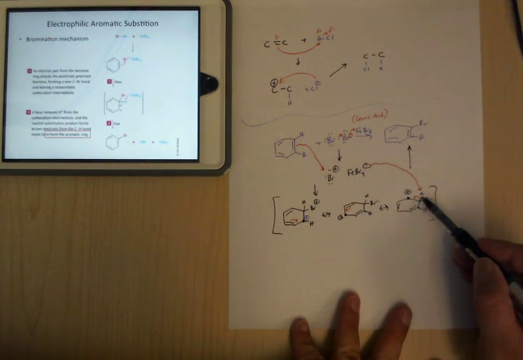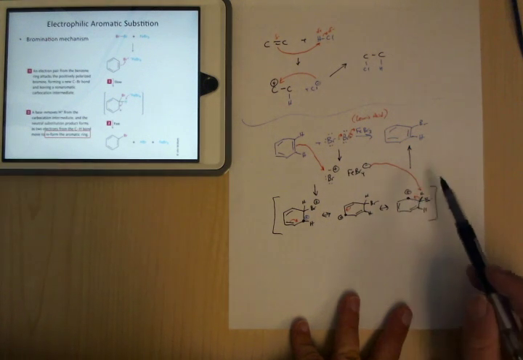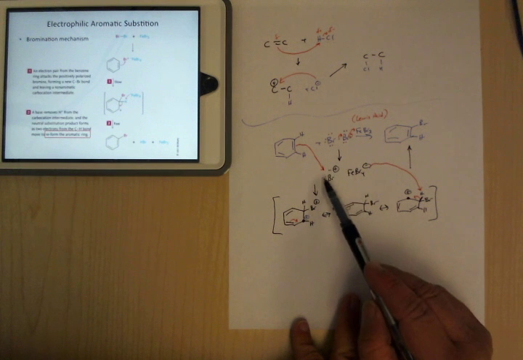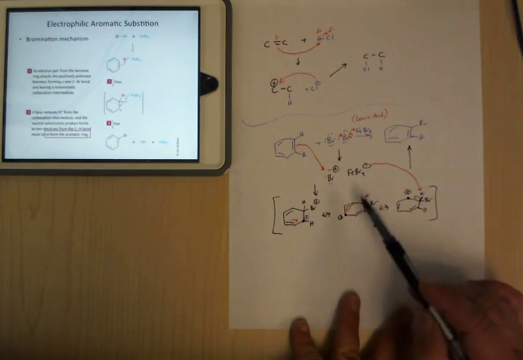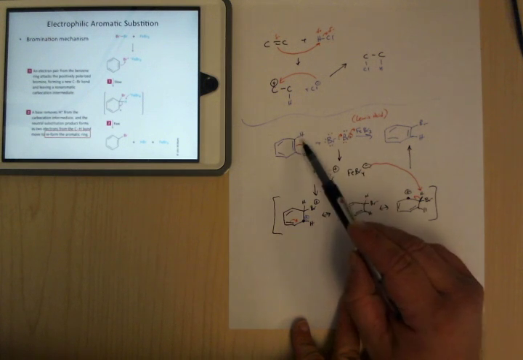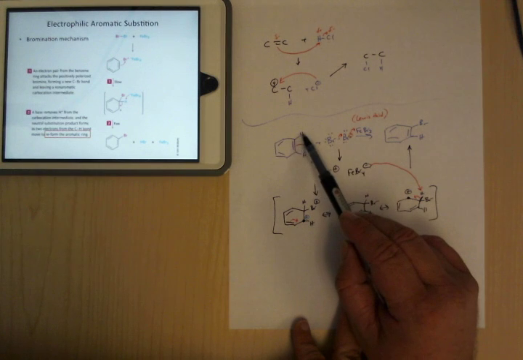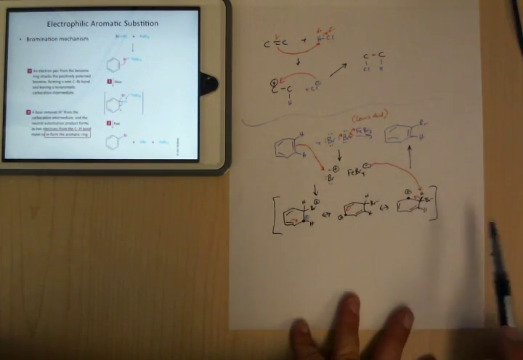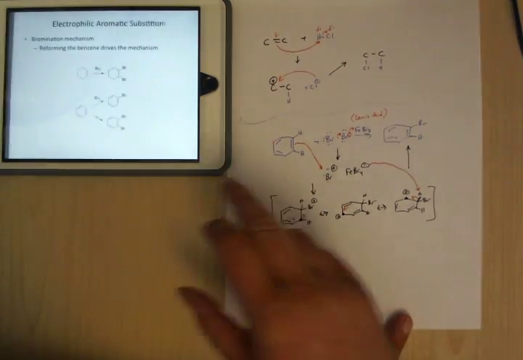These two electrons in this bond here are going to go to reform the benzene ring. That's how every single one of these things works. You form this positively charged species, the benzene attacks, you get the resonance structures that come in here, and where the positively charged thing is added, the negatively charged thing that's also there is going to come in and rip off the hydrogen to reform the benzene ring. That's how all of these are going to work. You're going to get sick of these by the end of the chapter. Okay?